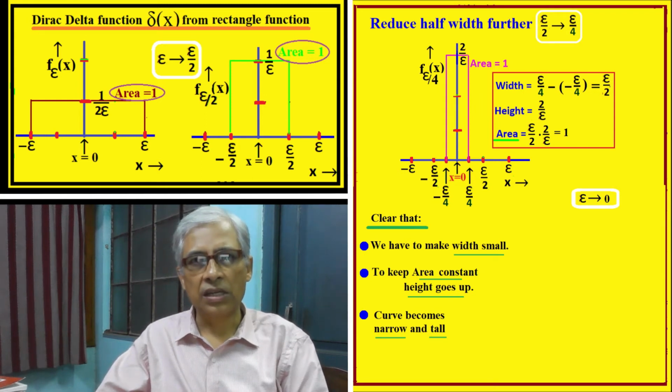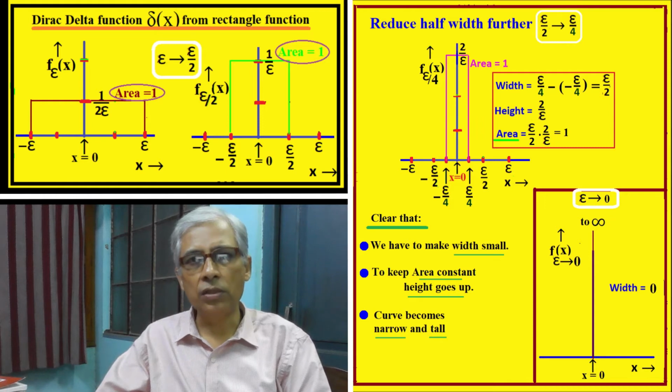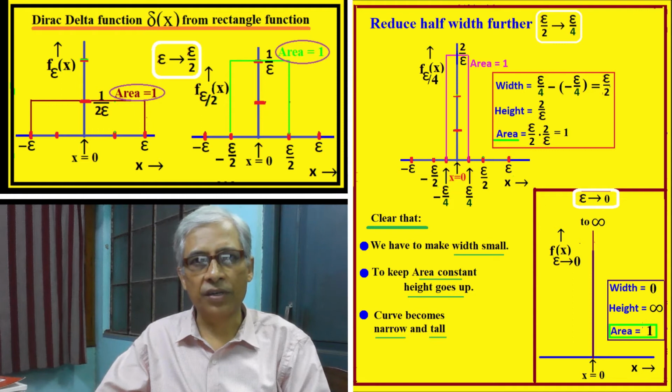In other words, let us make the half-width epsilon tend to 0, as mentioned in the white box. Focus on the plot inside the red box. The function is now infinitely narrow. The width has shrunk to 0, and to keep the area constant, the height shoots up to infinity.